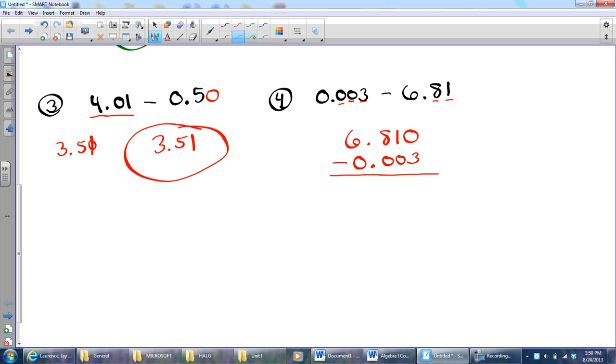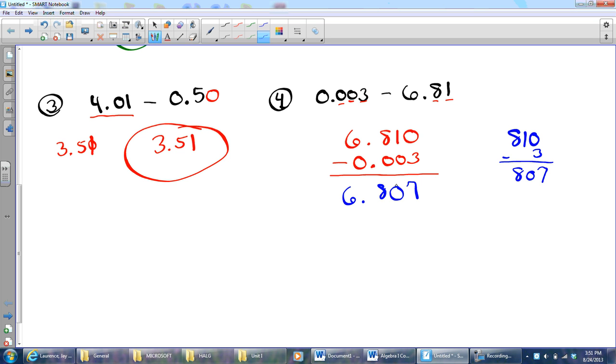Now, if you think about it, don't make this hard. If I had 810 and I took away 3, I would get 807. So I'm going to get 6 and 807 thousandths. Just like that.